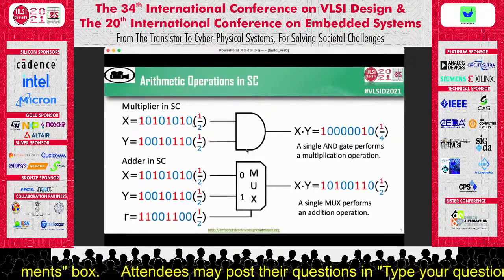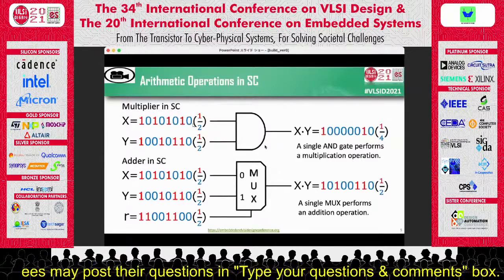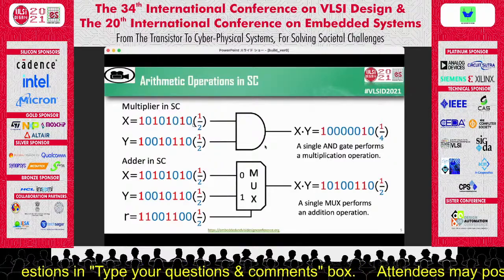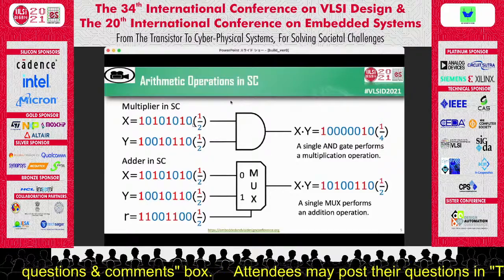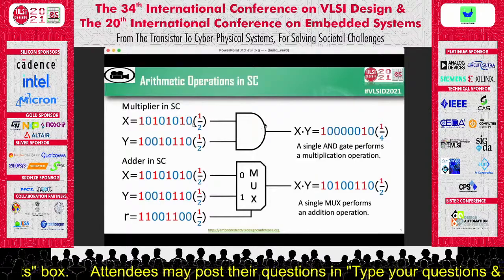For example, we can multiply two values using only an AND gate, like this. Okay.